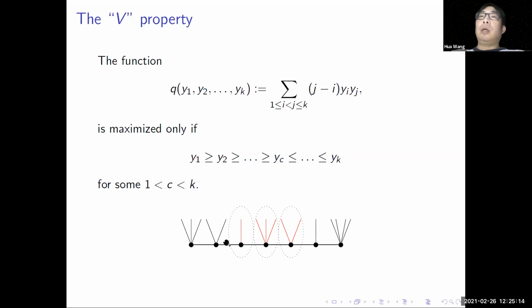And if that's not the case, like here, then same idea as before, you can consider these three bubbles. If the middle one is bigger than both of the others, that's a contradiction of the V property. You can either switch these two or switch those two. One of them will give you a larger Wiener index. And so that proves it.